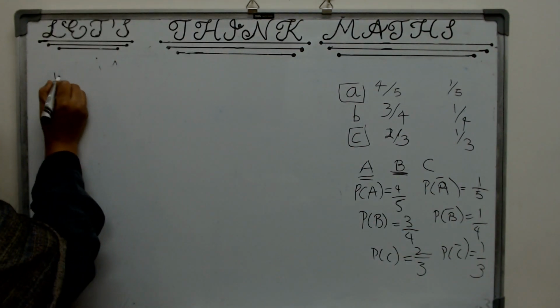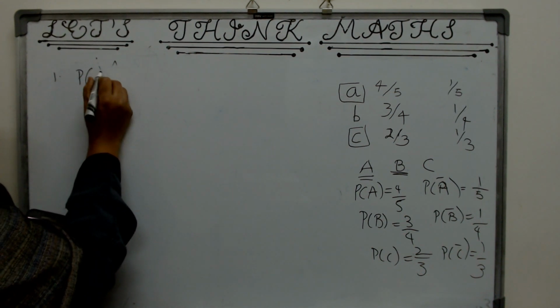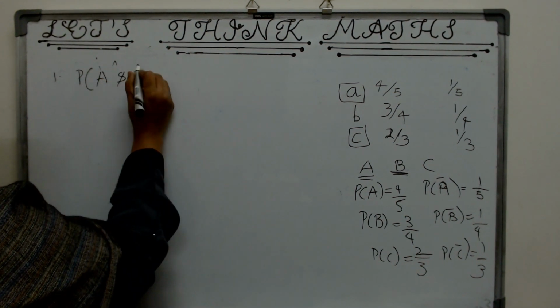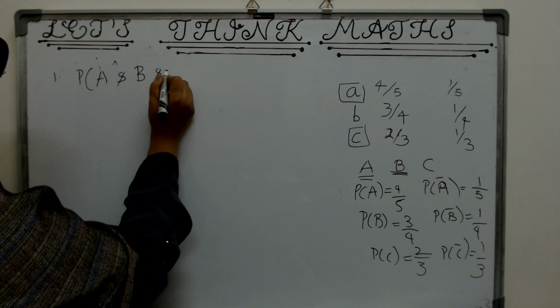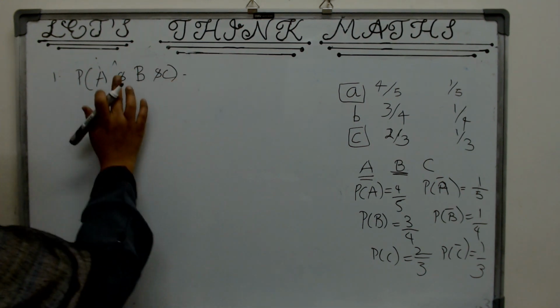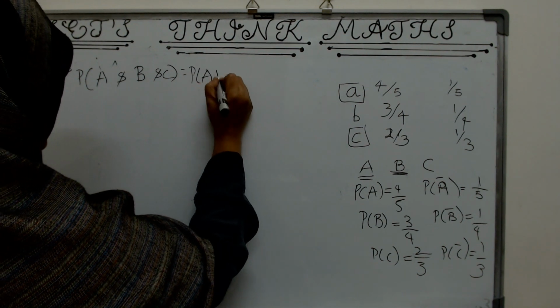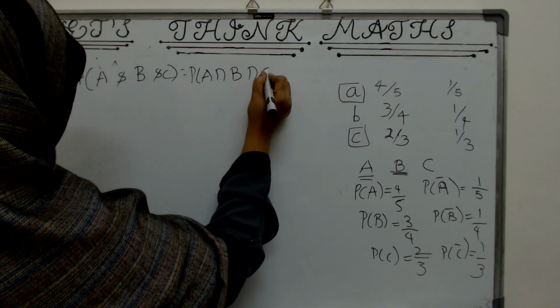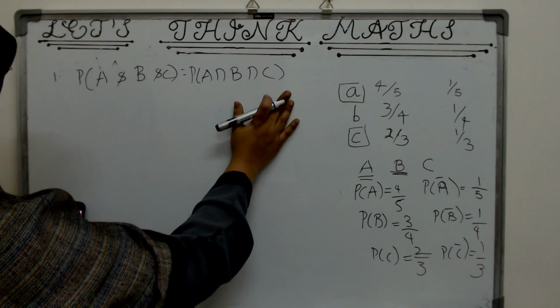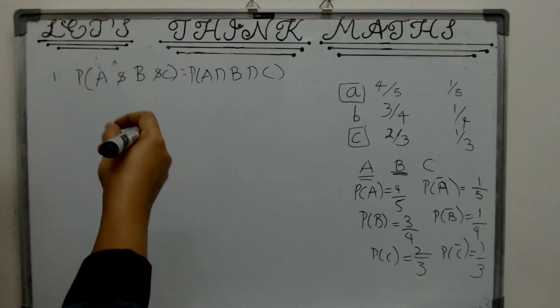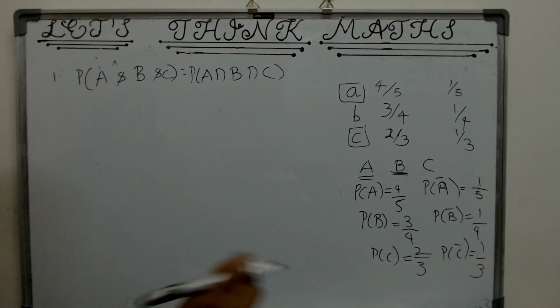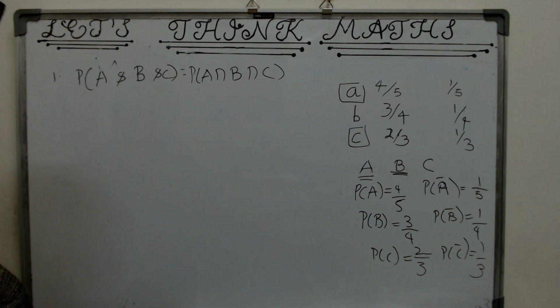So, the first question is, what is the probability that A and B and C hit the target? What do we mean by and? And means intersection. And these are independent events, so the result of one person hitting the target is not affected by the other guy.